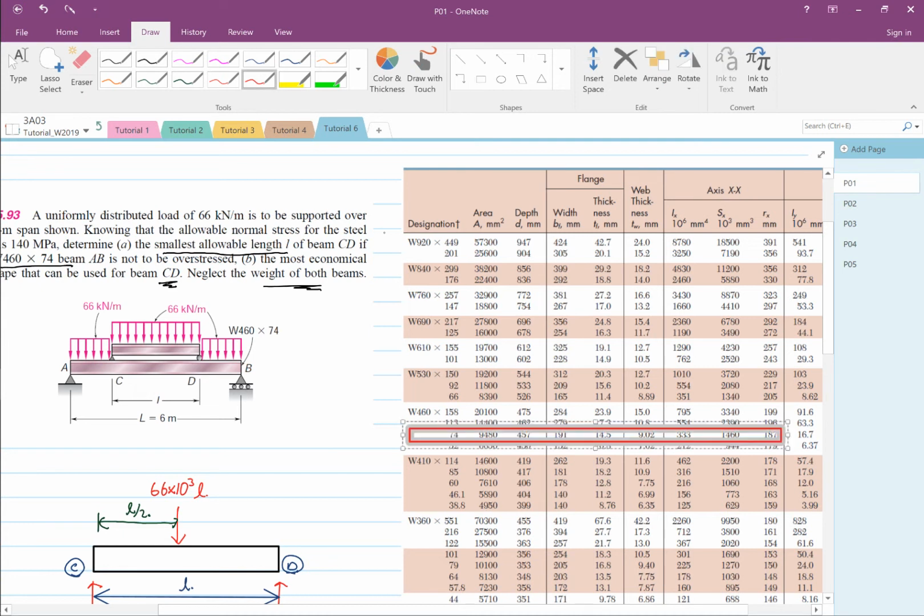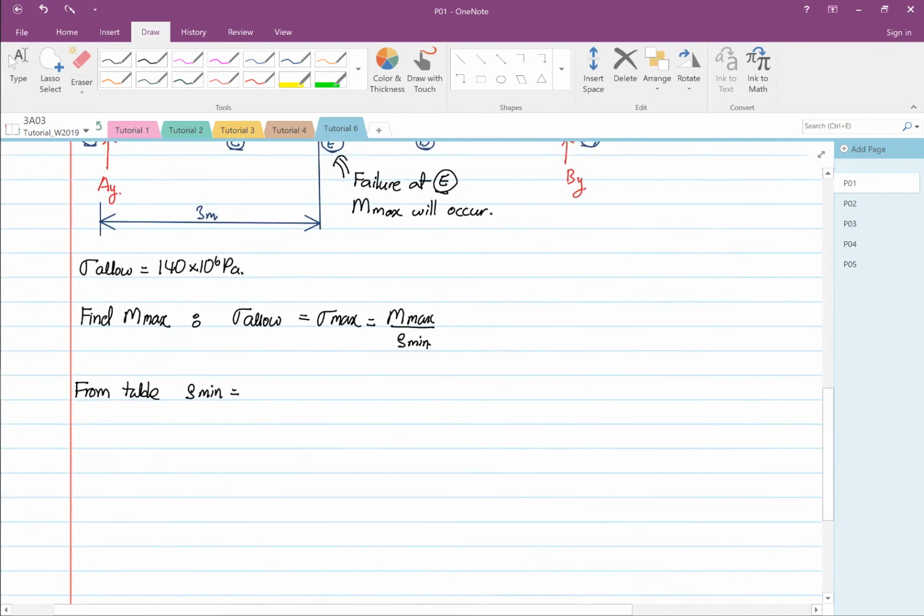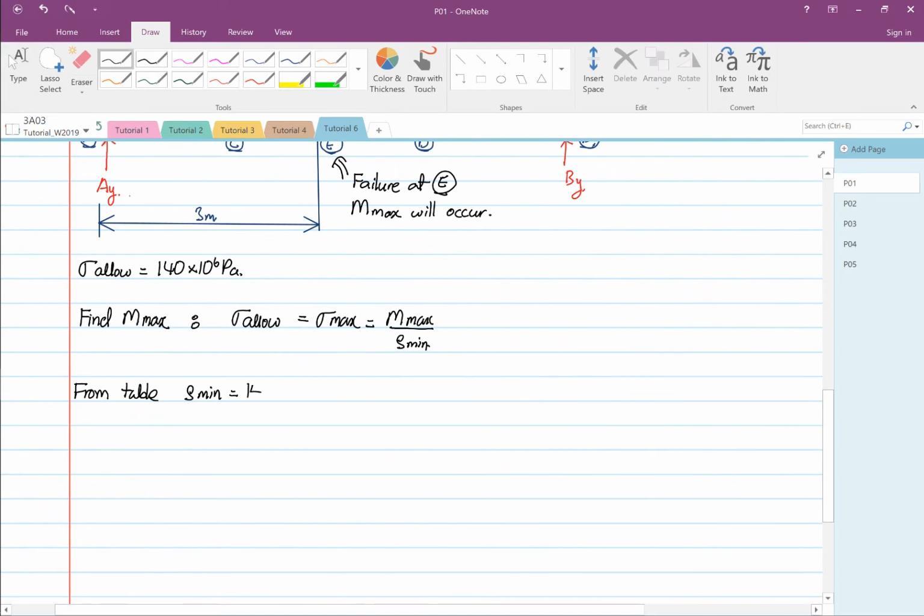We know that S is equal to 1460 times 10 to the power 3 millimeters cubed, or 1460 times 10 to the power minus 6 meters cubed.